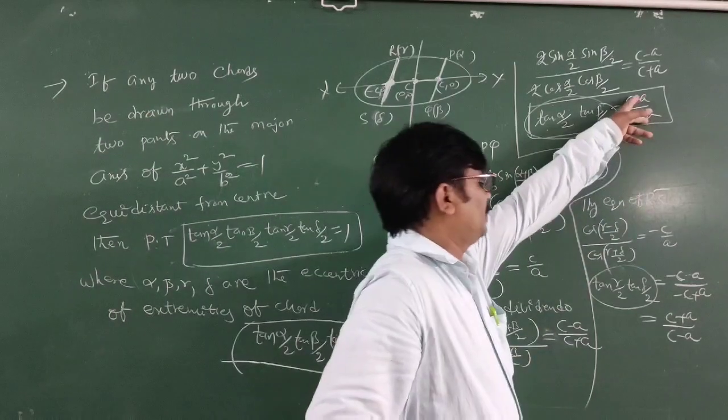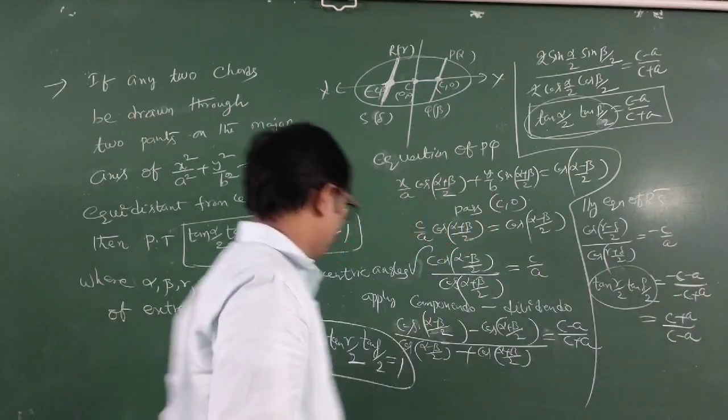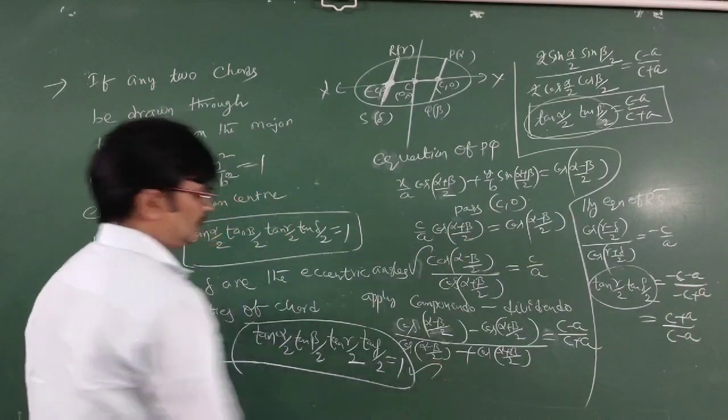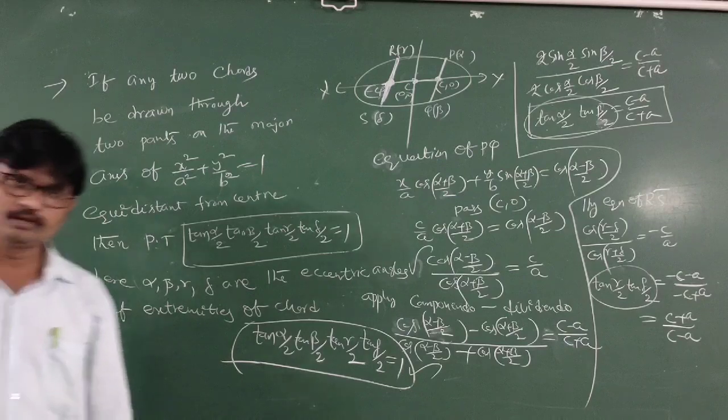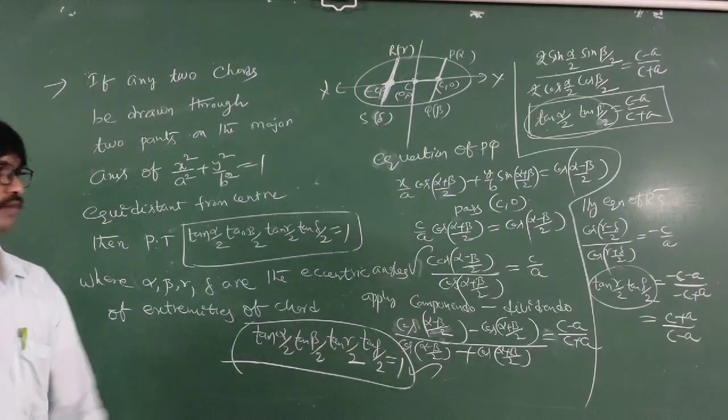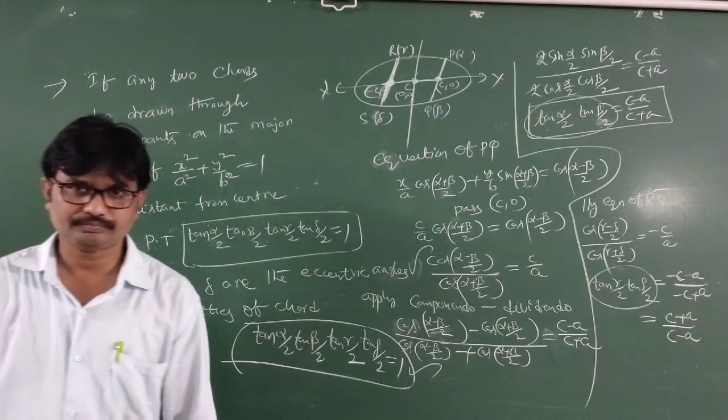That is (C minus A) by (C plus A) into (C plus A) by (C minus A) equals 1. Okay students, write down: 1.